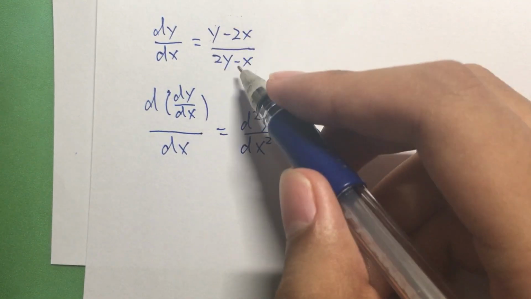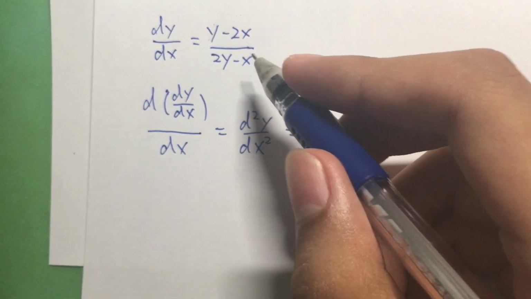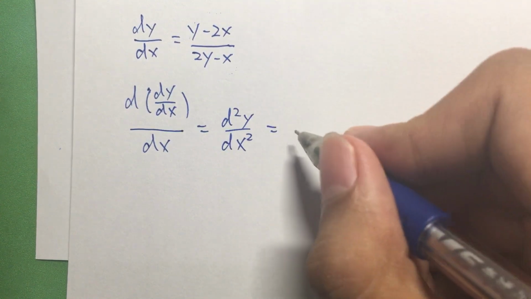Well, this is a fraction, right? For a fraction, we are going to apply the quotient rule. So how do we do the quotient rule?